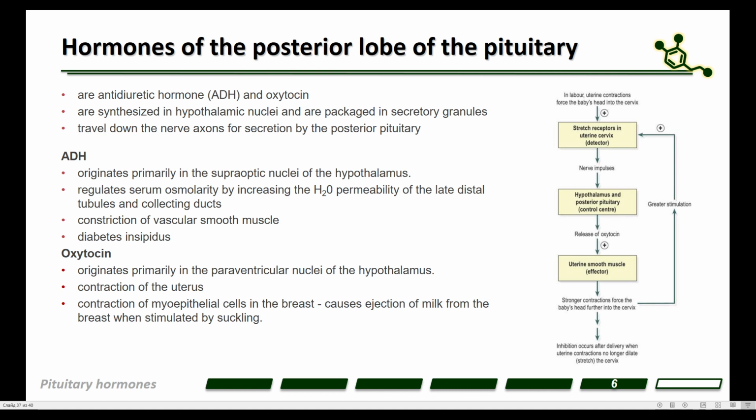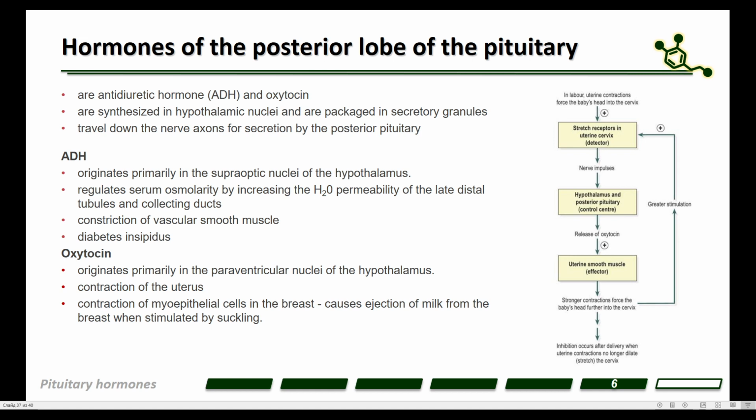As the name says, diuresis means the amount of urine which is produced. Antidiuretic means it reduces the amount of urine which is excreted. So the primary function of antidiuretic hormone is to initiate water reabsorption by increasing the permeability of tubules in the kidney.